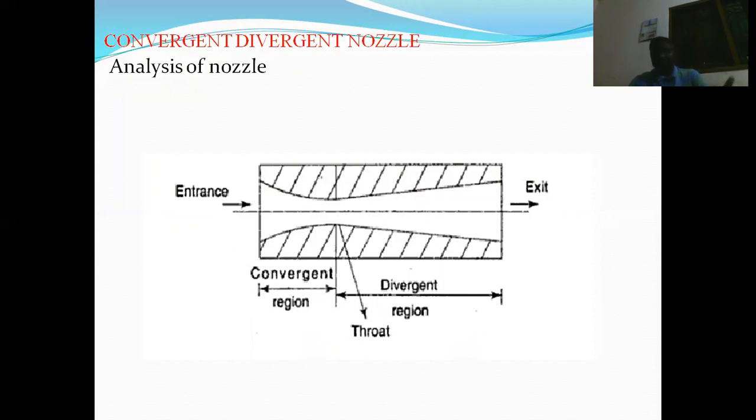Now, for the thermodynamic analysis of the converging diverging nozzle, at the entrance we supply the steam with the highest enthalpy, highest pressure and negligible velocity.